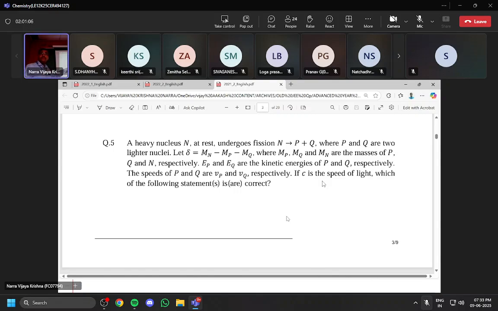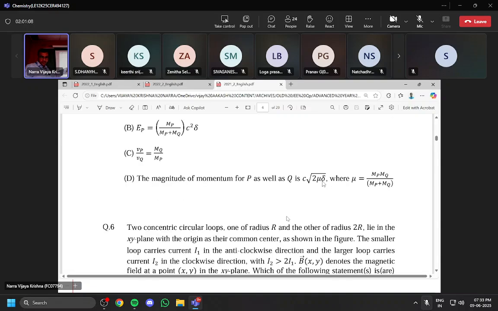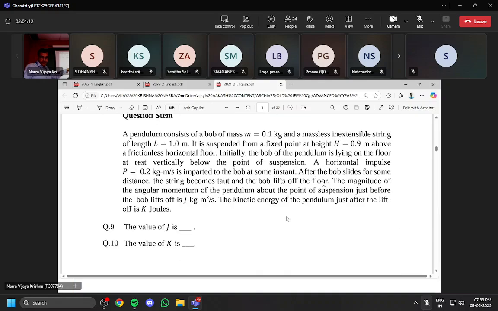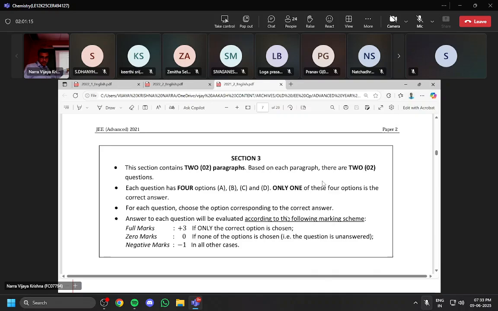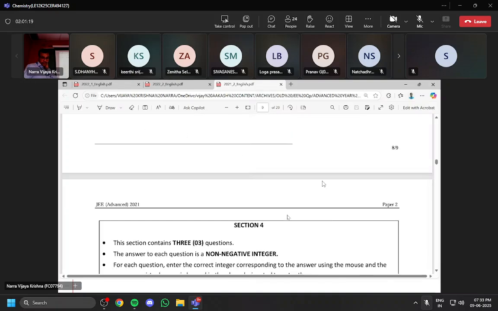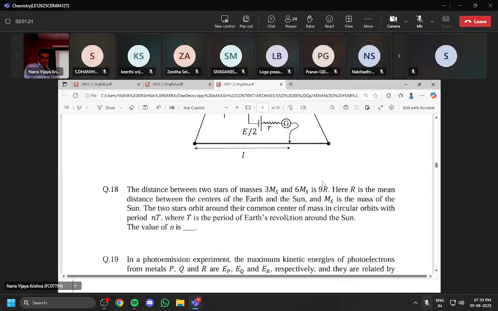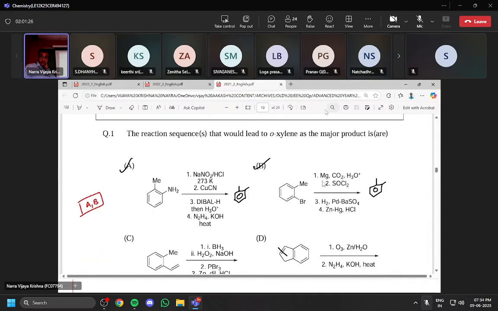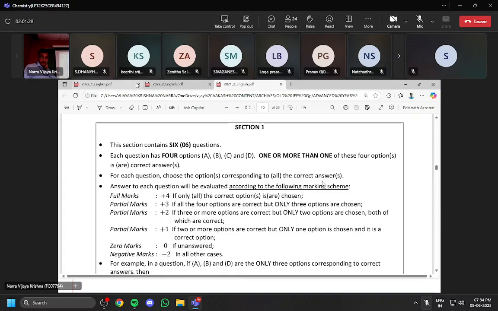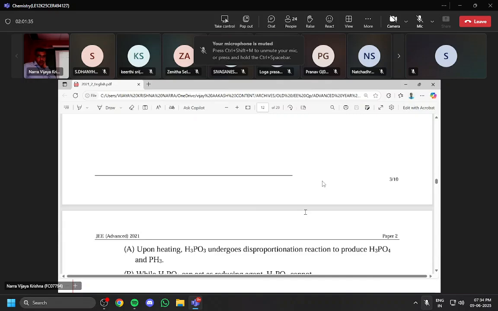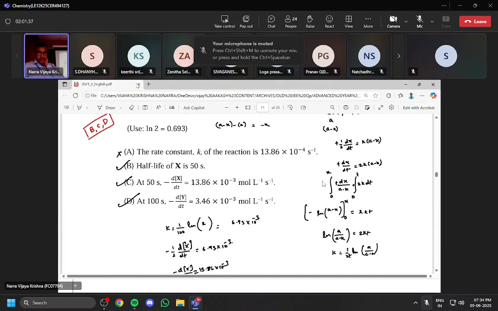Again, nuclear physics. This is chemistry. Okay, I saw half the paper.